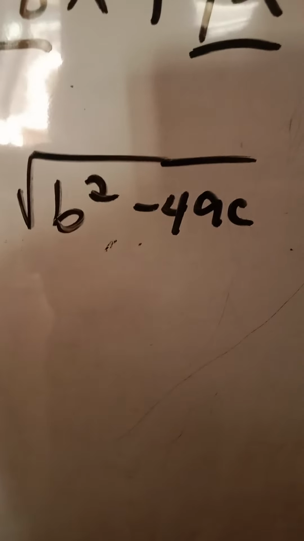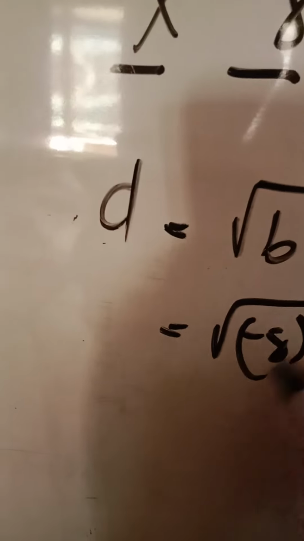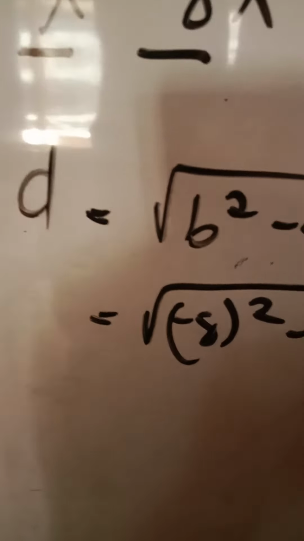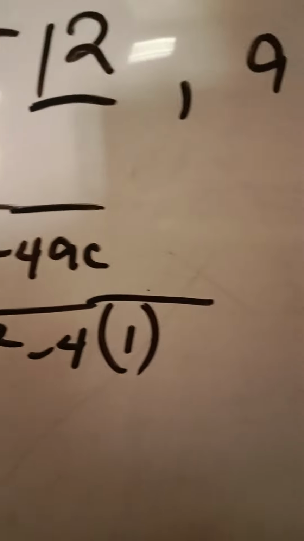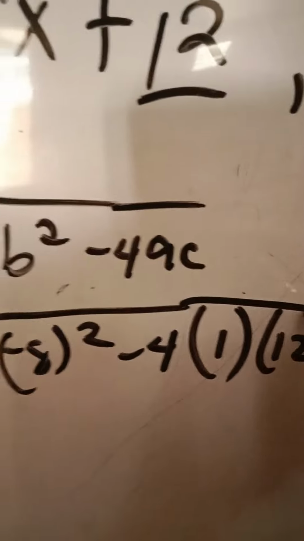So D is equal to the square root of b squared minus 4ac. Our b is negative 8 squared minus 4 times a, which is 1, times c, which is 12.